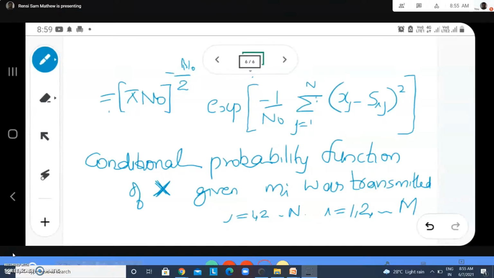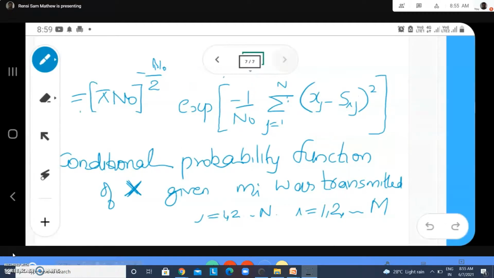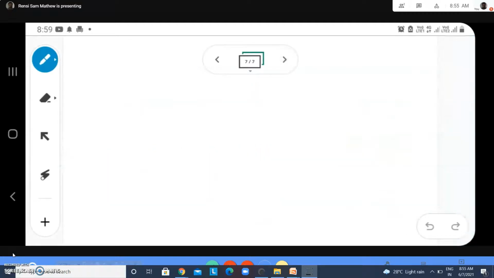And when we have such a function, it is better to take the logarithm of the likelihood function.